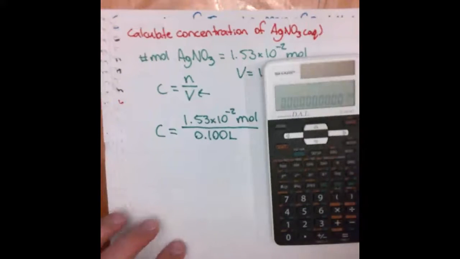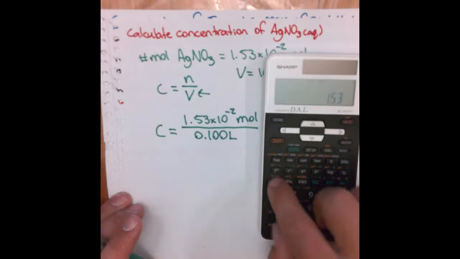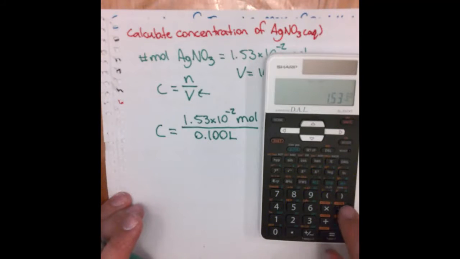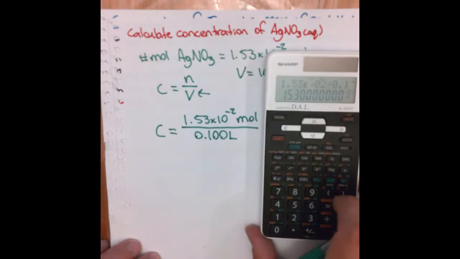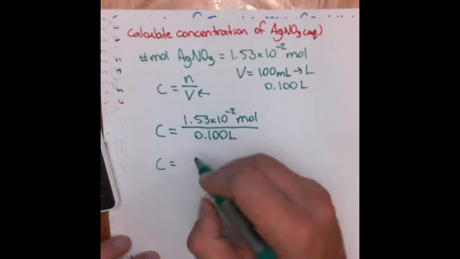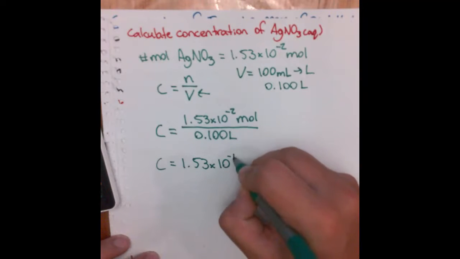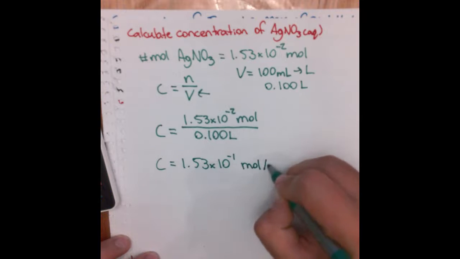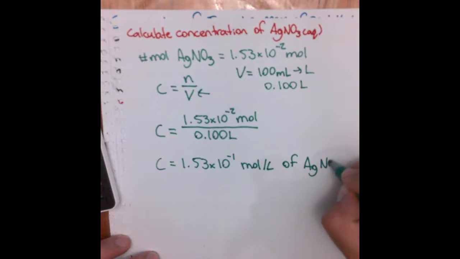And some of you can do this in your head, but for the others, 1.53 times 10 to the negative 2 divided by 0.100 moles per liter is going to give us 1.53 times 10 to the negative 1 moles per liter. So our concentration is going to equal 1.53 times 10 to the negative 1 moles per liter of silver nitrate.